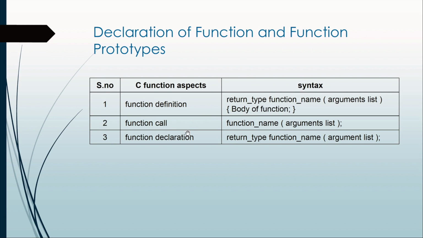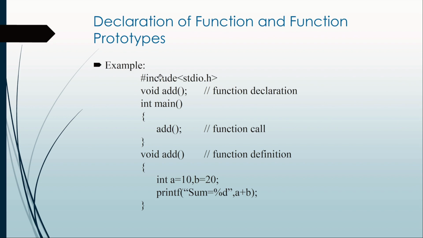The syntax for function declaration ends with a semicolon. The syntax for function definition has an open curly brace and a close curly brace, with the body of the function statements inside. A function call does not have a return type. It just uses the function name, and the necessary arguments have to be passed. So these are the function syntaxes.